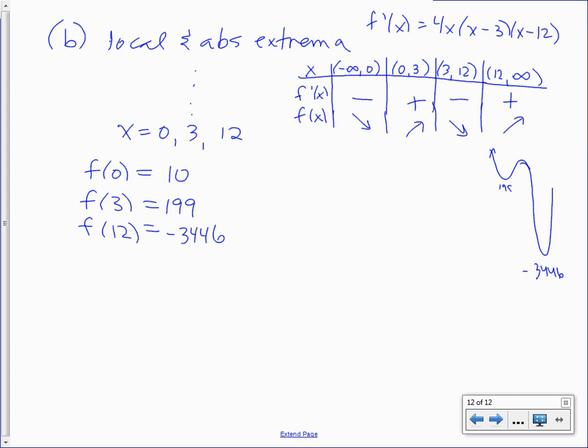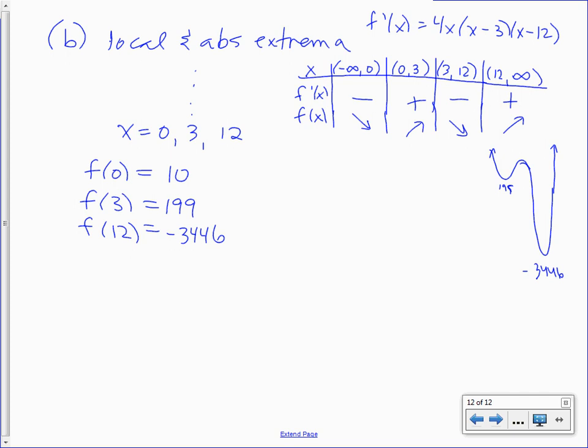Having that little picture to kind of just go with it, do we obviously see there is an absolute min, okay? But then there's a local min and a local max. So those are going to be the three things you're going to say, okay? So the sign chart here only tells you local, okay? It tells you local, and then you have to compare numbers to confirm it's absolute.